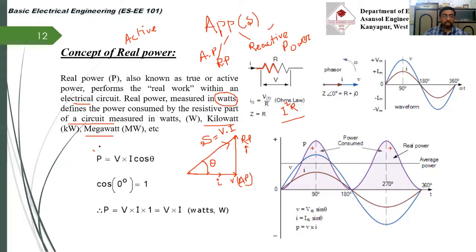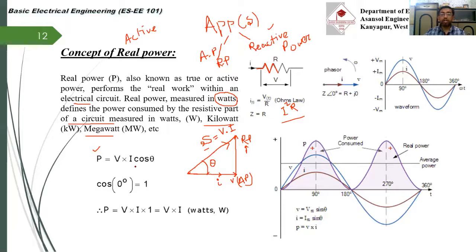So P, that is active power, is VI cos theta. If we multiply V into I, whatever power we calculate is called the apparent power. Now its workable component is called the active power, that is the cosine component of the apparent power.